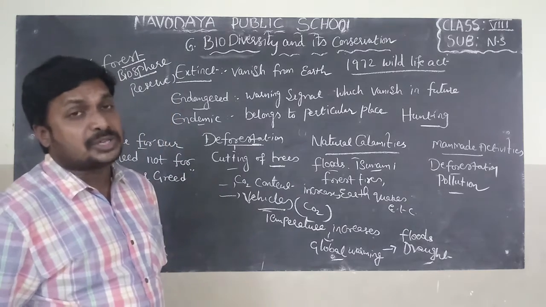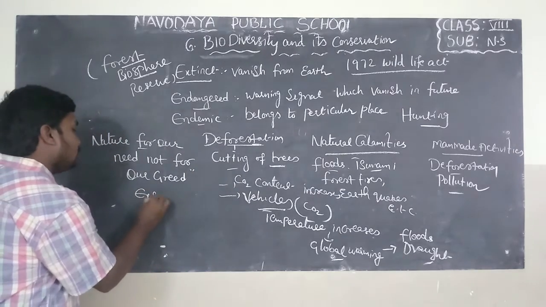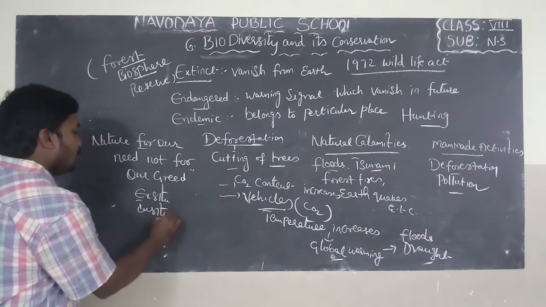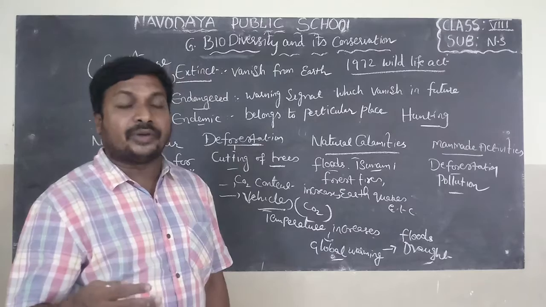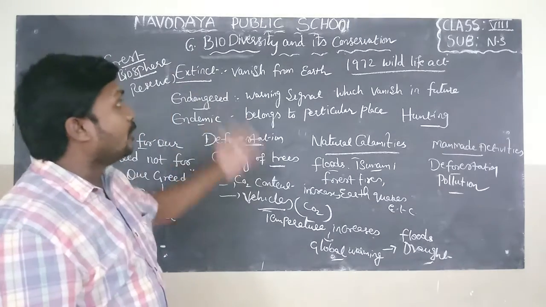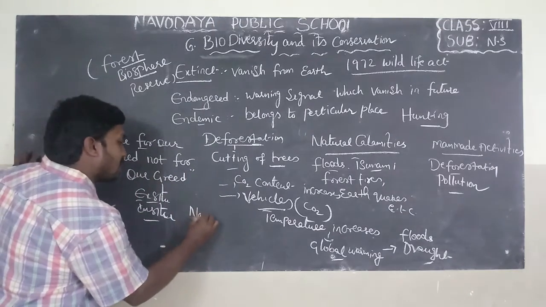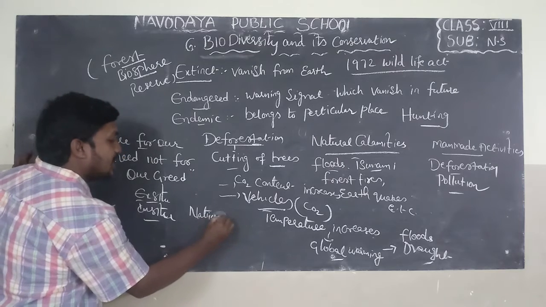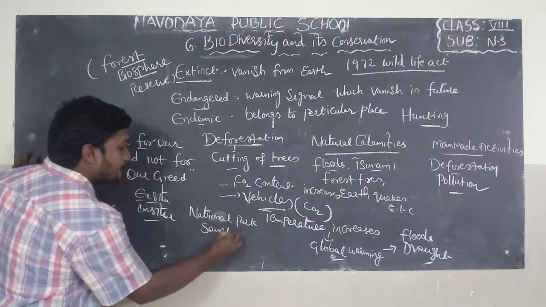Forest is a rich natural resource, and there are ex situ and in situ methods of conservation. Due to this problem, the Government of India realized the importance of biodiversity, and they constructed national parks and sanctuaries.